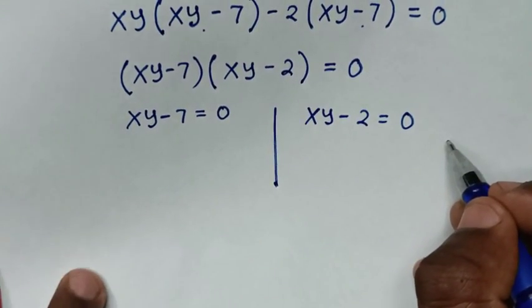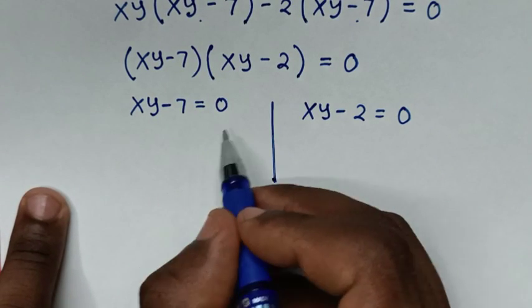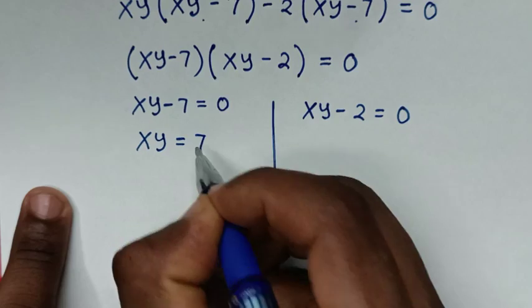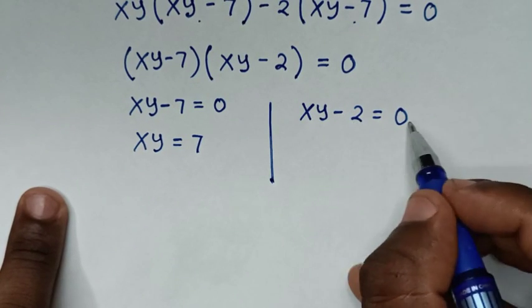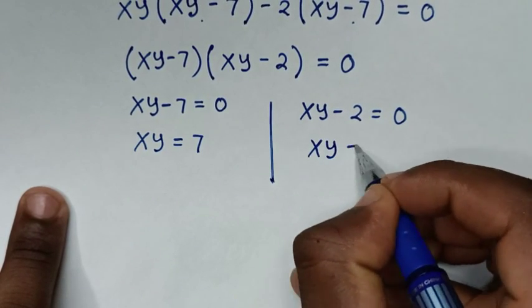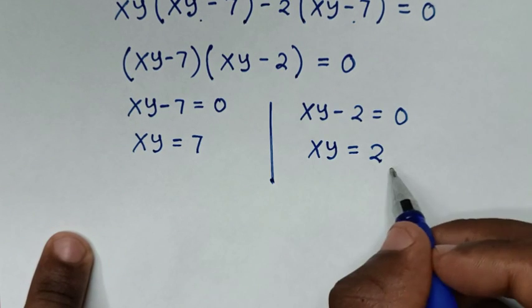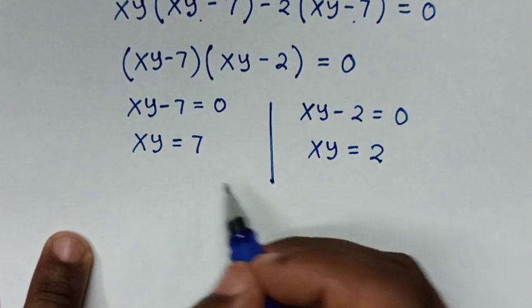Then from here we'll take this negative 7 to this side, so xy is equal to 7, and this negative 2 to this side, xy is equal to 2. Now we got the two solutions, this and this.